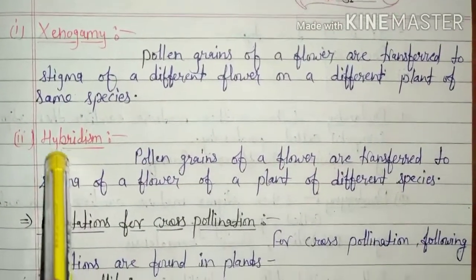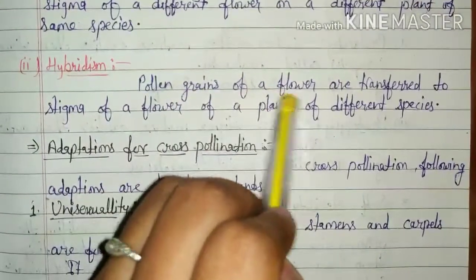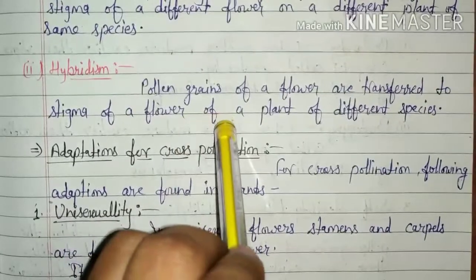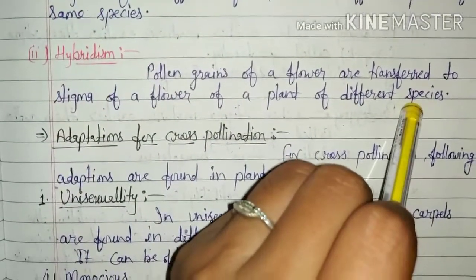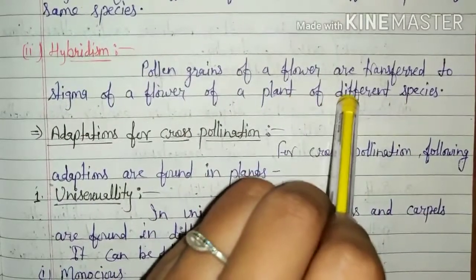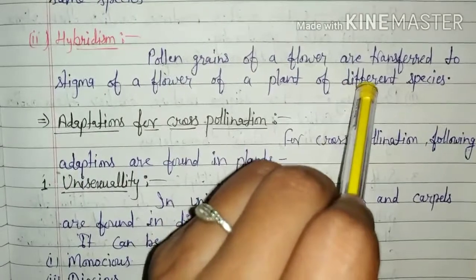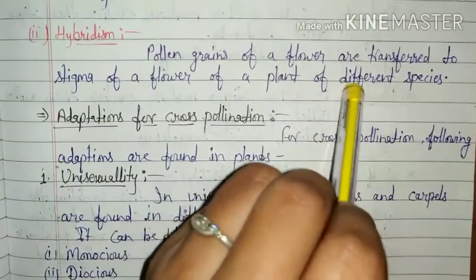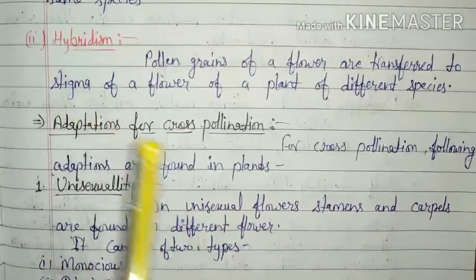Second type, hybridism, when pollen grains of a flower are transferred to the stigma of a flower of a plant of a different species. This is called hybridism. When two different species cross each other, then hybrid species are formed.